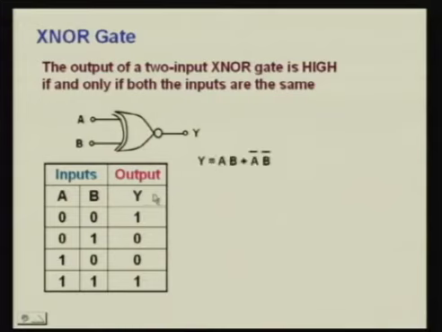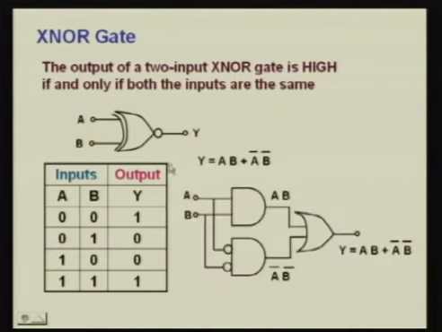The first row corresponds to A bar B bar, and the last row corresponds to A B. So the output will be A B plus A bar B bar, that is, two AND operations on A and B, and then the OR operation on these two.